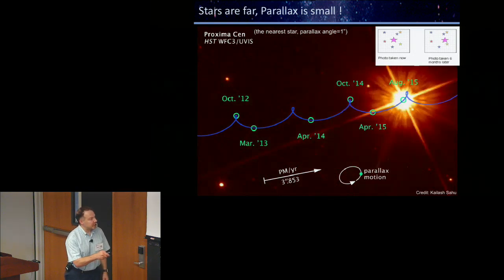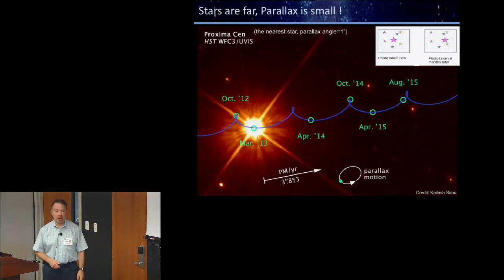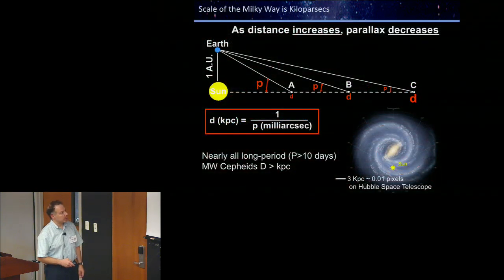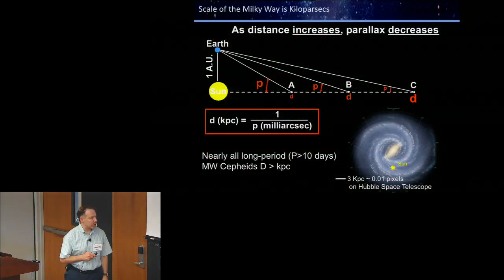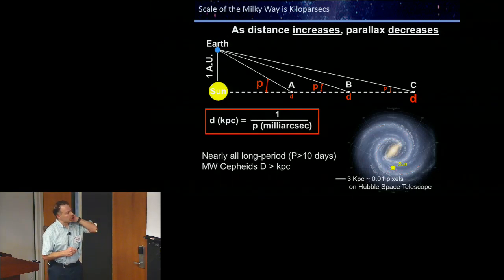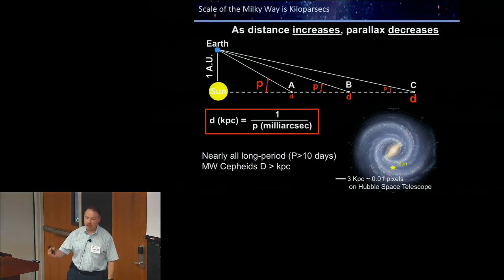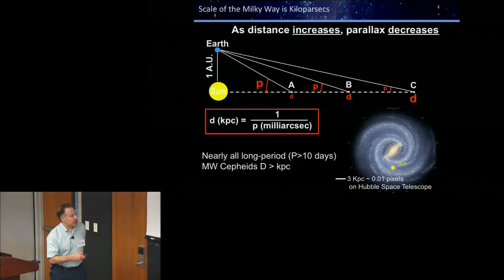So in practice, most of the stars we are interested in are thousands of times farther away, okay? And of course, parallax goes down as 1 over the distance. So when you are interested in the parallax of, for example, Cepheids, which are not every star is a Cepheid, they're fairly uncommon, so you have to go out kiloparsecs in the Milky Way to find them, then you are measuring parallaxes which are more like milli-arc seconds.